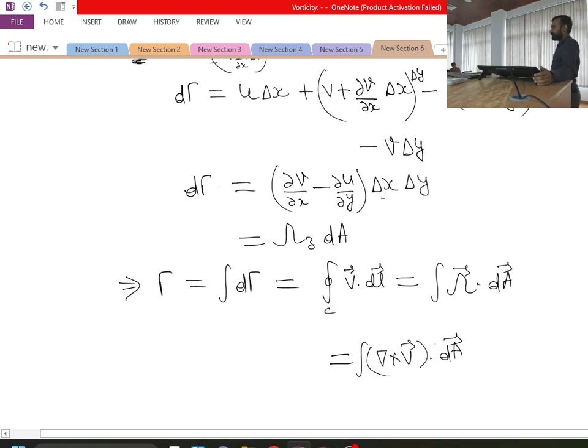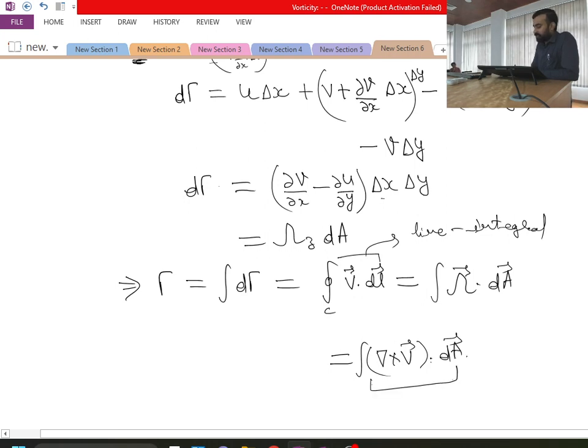Okay, so it means that circulation, which is nothing but the velocity vector dot dl vector, which is a line integral, can be written as del cross v vector dot dA, which is nothing but a surface integral.